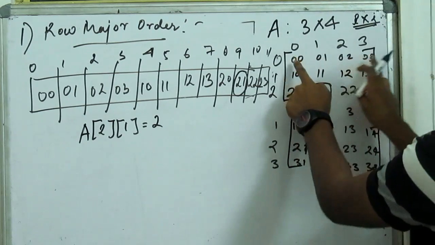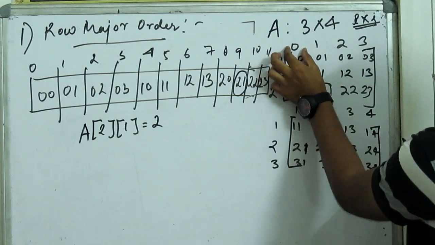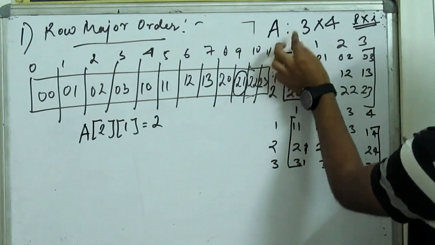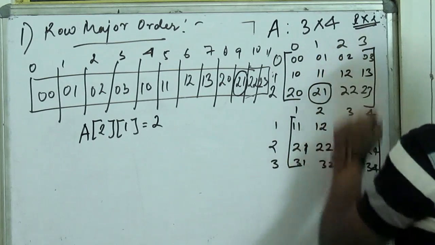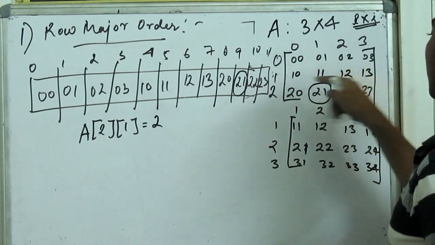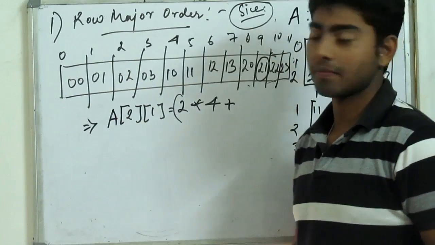Because we have 2 rows and each and every row will have an equal number of elements, which is equal to the number of columns we have, 1 2 3 4. So here it will be dependent upon the number of columns we have, so it is 4.